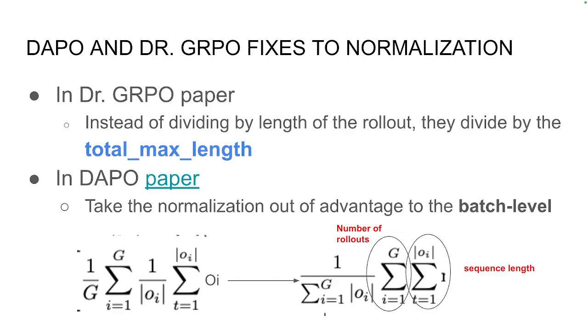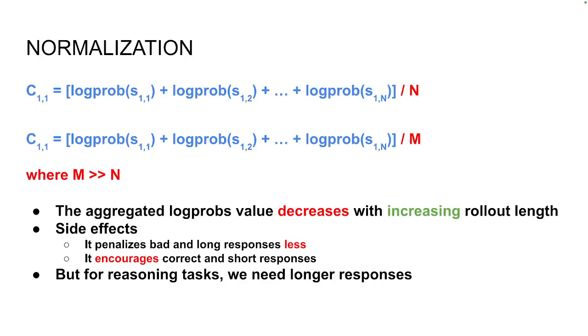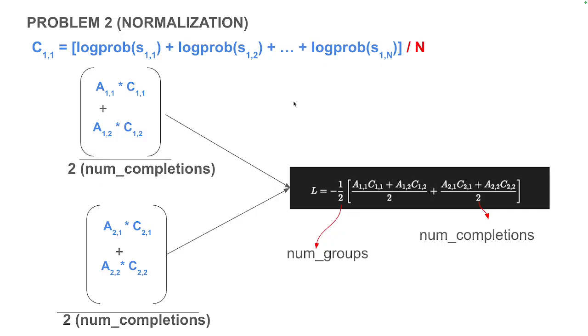And this is generally higher for many of the rollouts. However, in the DAPO paper, they take this normalization out when calculating this C11. Again, this C11 goes into calculating the log probs, normalizing the log probs, and getting multiplied with the advantage.